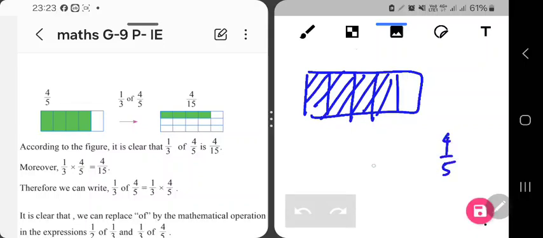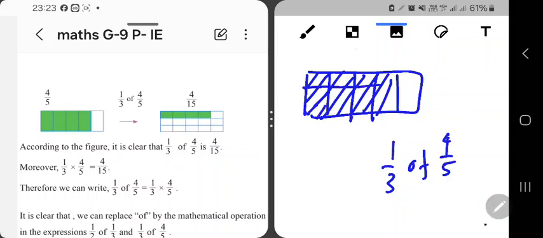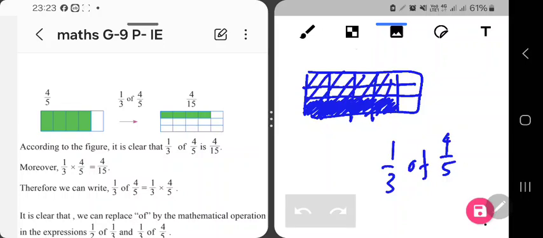So when someone says 1/3 of 4 over 5, so that means out of these colored sections you have to divide it into 3, 1/3 of that, and then in the total form it's just one of this is colored. That is the 1/3 of it.